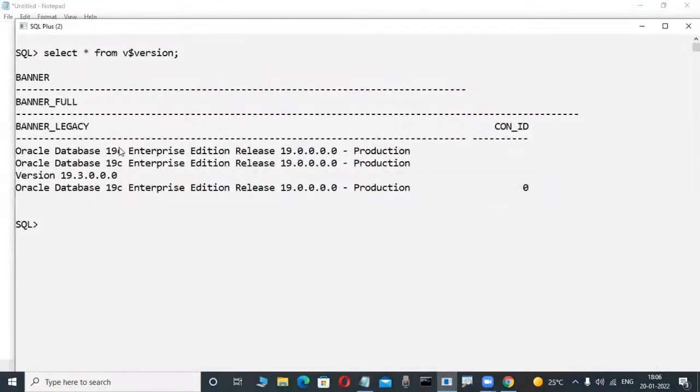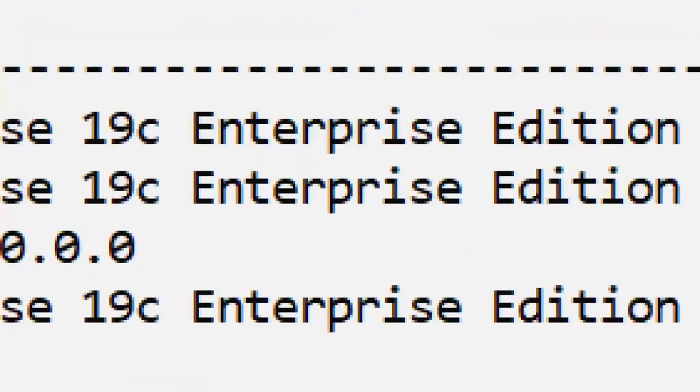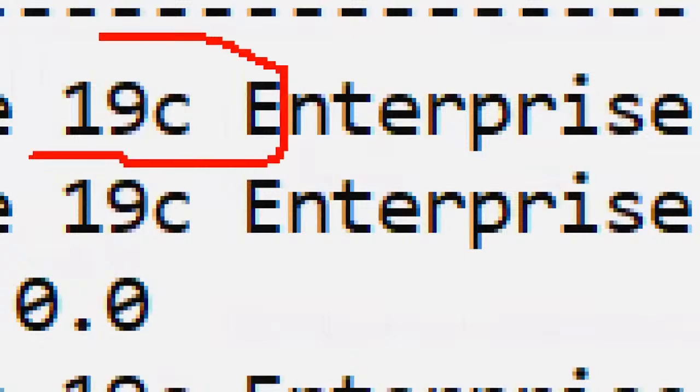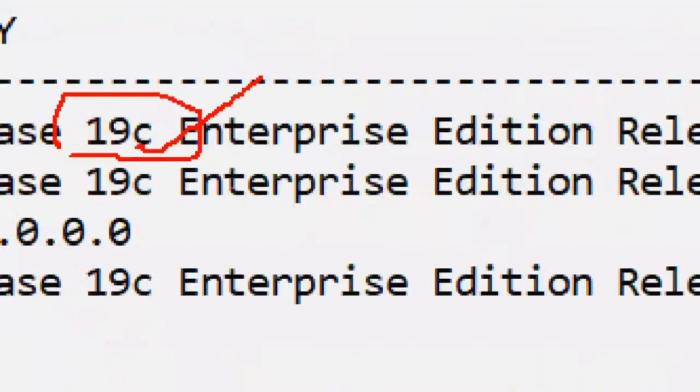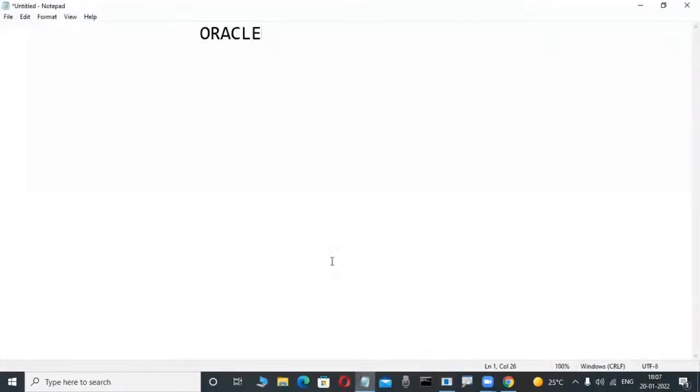That is also called 8i, 9i, 10G, 11G, 12C, 18C, 19C, and the latest one, 21C. But in our class, this software is available: 19C, we are learning only. C means cloud technology. Cloud computing is there. In olden days, grid computing was there. Now, cloud. We understand what cloud is.